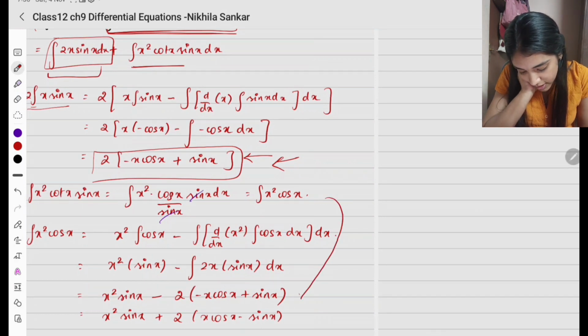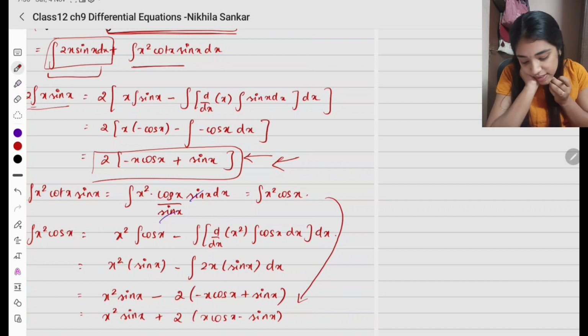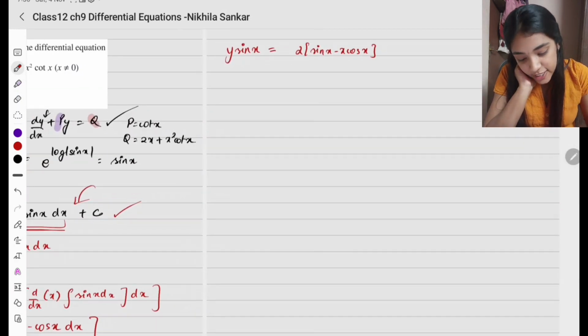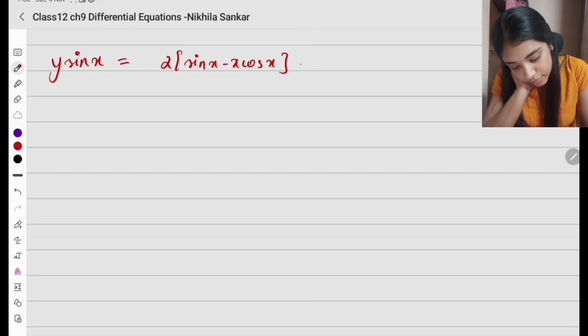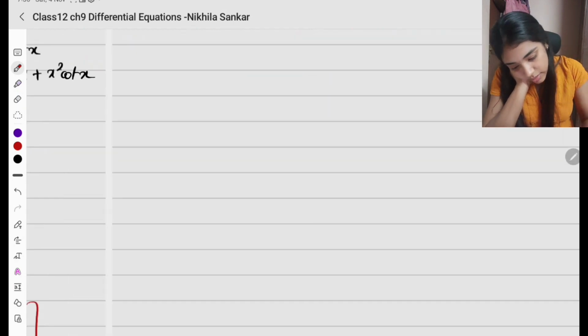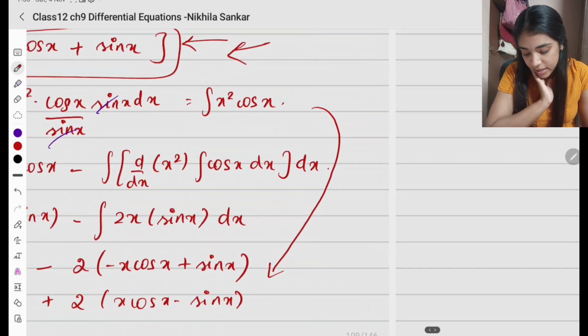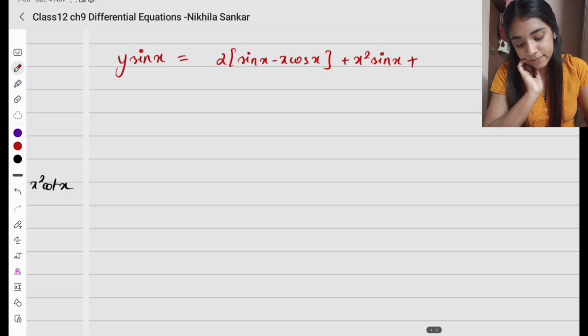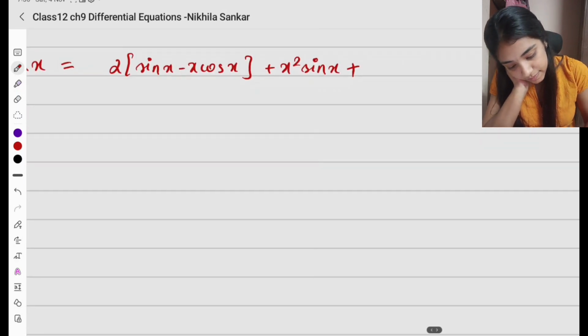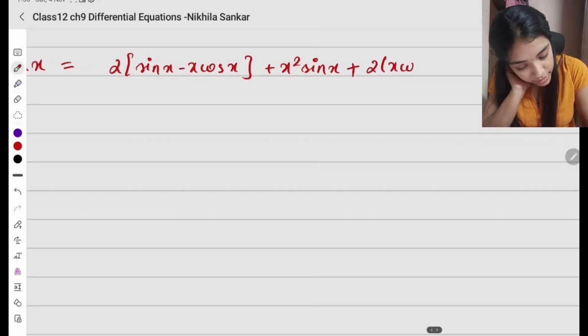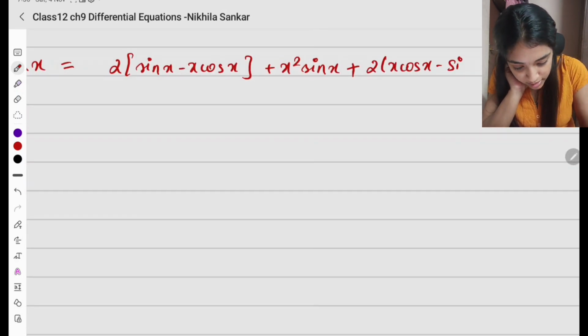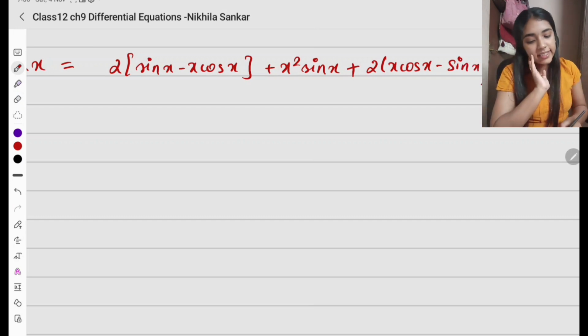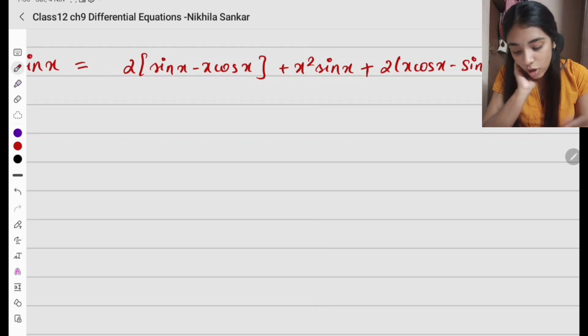So it is going to be x square sin x plus 2 into x cos x minus sin x. Now, can I take anything common?